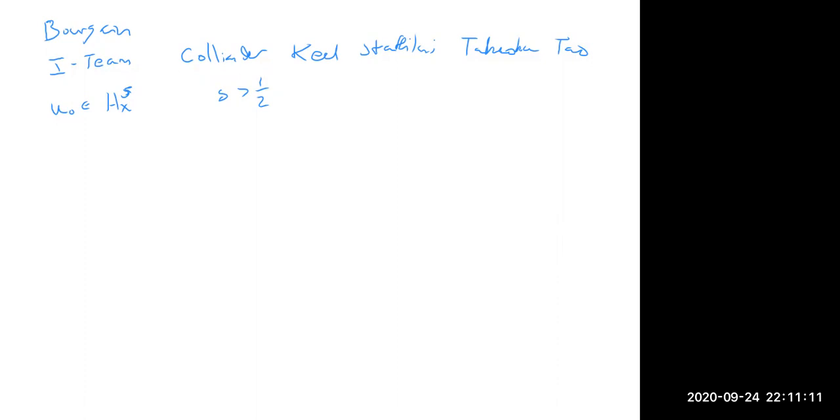And you want to look at the conserved quantities that you do have and use them to try to get a bound on this norm. Right away we know the L2 norm is conserved, so that's good. So we just have to worry about the H dot s norm. Oh, and s is going to be less than 1.